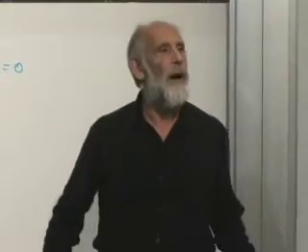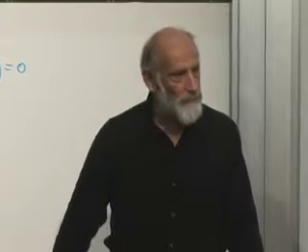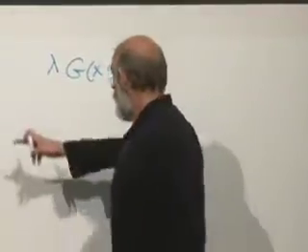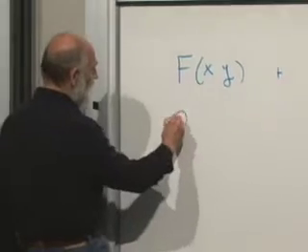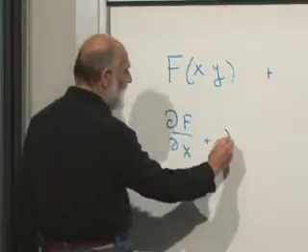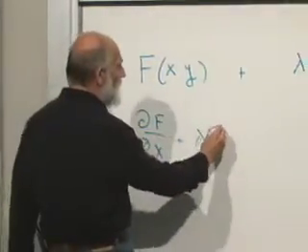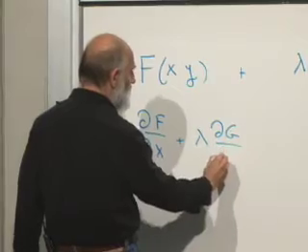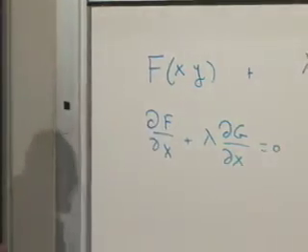Okay, how do you minimize a function of two variables with respect to its variables? You differentiate with respect to the variables and you set the result equal to 0. So we differentiate: df by dx plus lambda, which is treated as just a constant, times dg by dx, and we set that equal to 0. That's one equation.